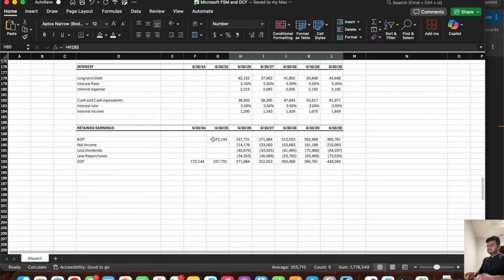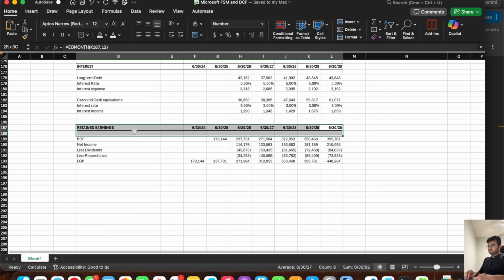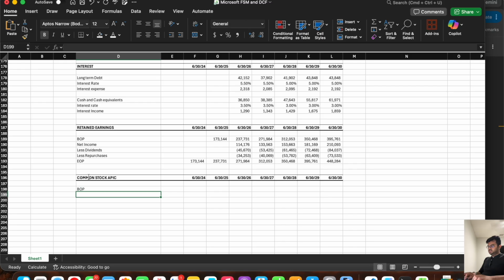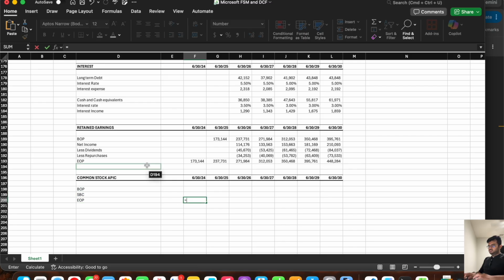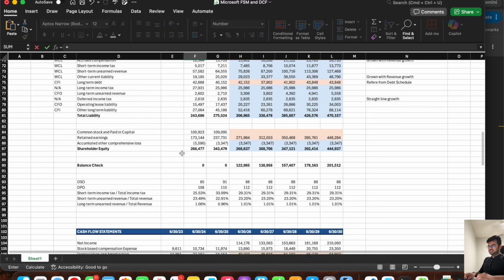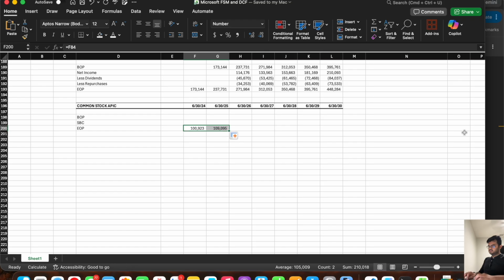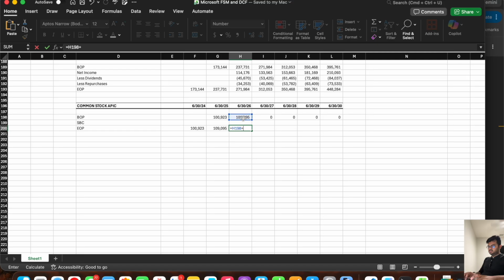Finally, common stock and additional paid in capital. I will copy this, put it here. Common stock APIC: this is beginning of period, share based compensation, end of period. Beginning of period is this one, and then this is this one. Then this is going to be the sum of these two numbers.